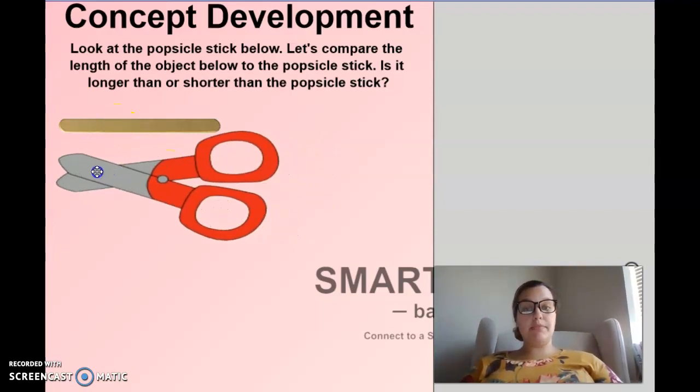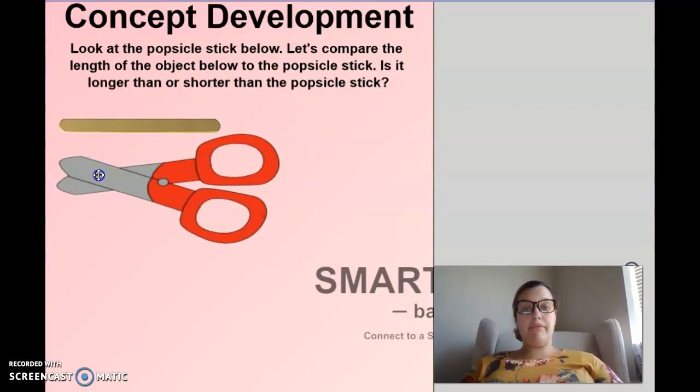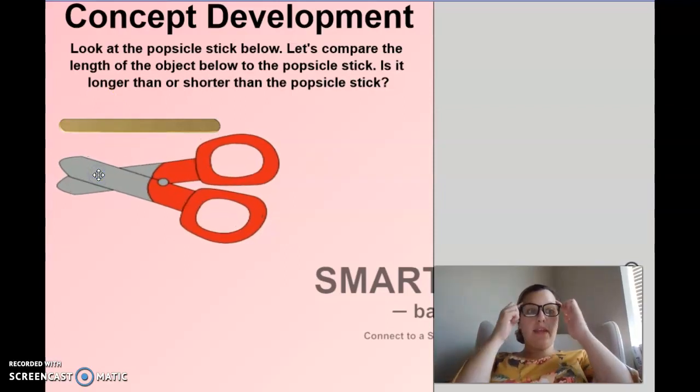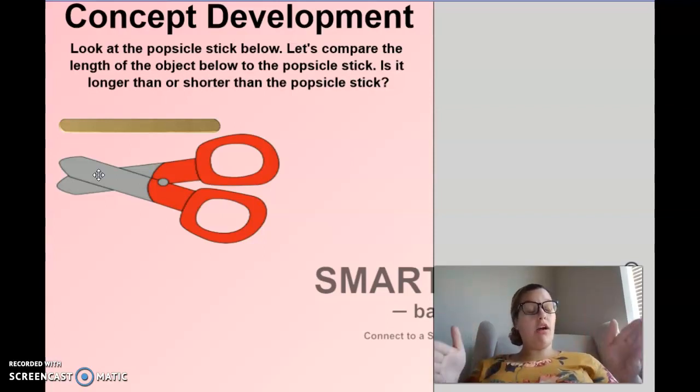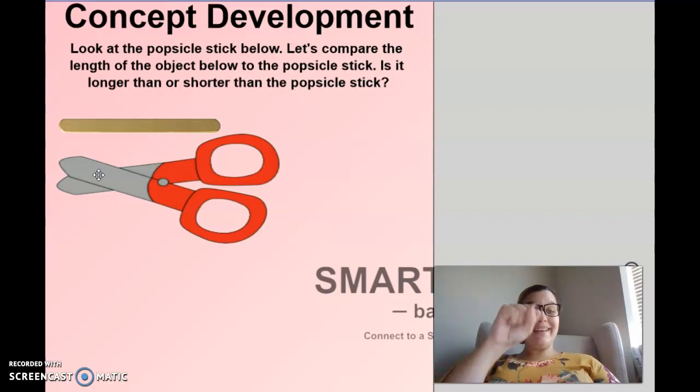Now we have some scissors. I'm going to line them up for you. Think about what our sentence would be. We're comparing it to the popsicle stick like we have been. Okay? So the scissors are longer than the popsicle stick? Yes or no? Yes.